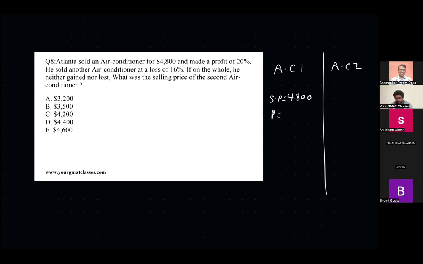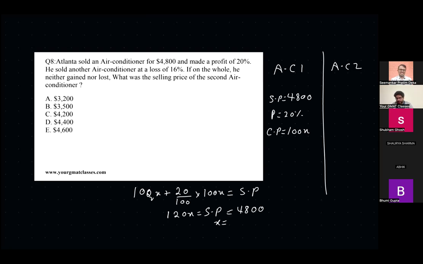So think about this. I assume the cost price to be 100x. So cost price plus profit, 20 by 100 of cost price is equal to selling price. So 120x equals the selling price, which is 4,800. From this, I'll get x as 40. So cost price will be 4,000. That means the profit is $800.